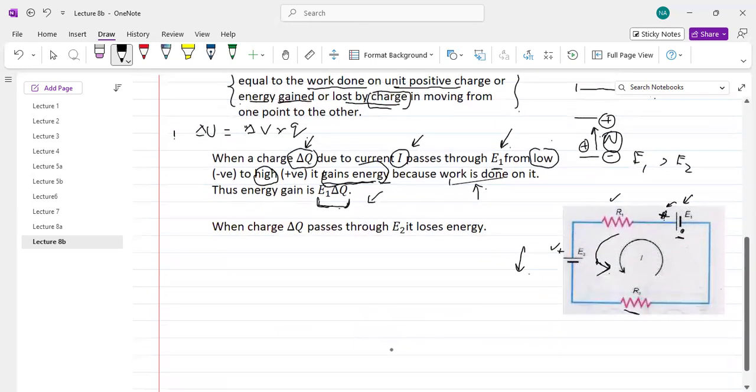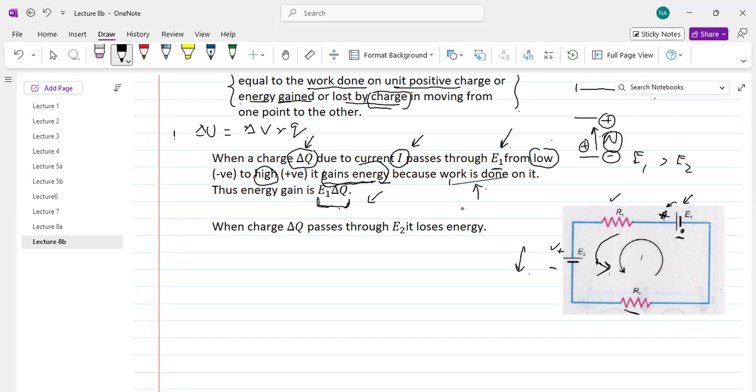Similarly, now we come to EMF E2. In the case of EMF E2, the direction of flow of current will guide us as to whether we are going from high potential to low potential or low potential to high potential.